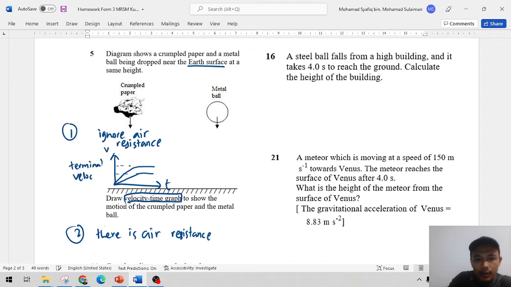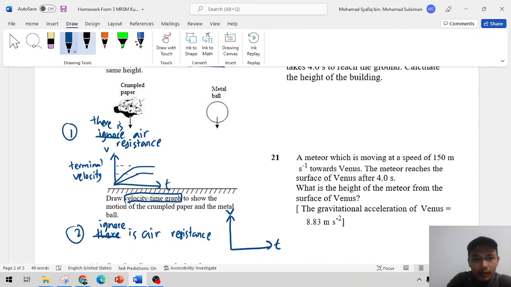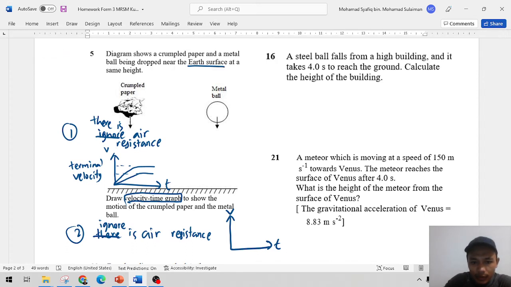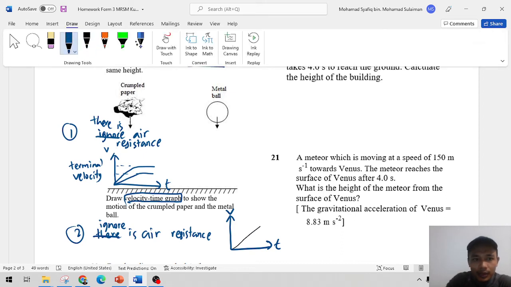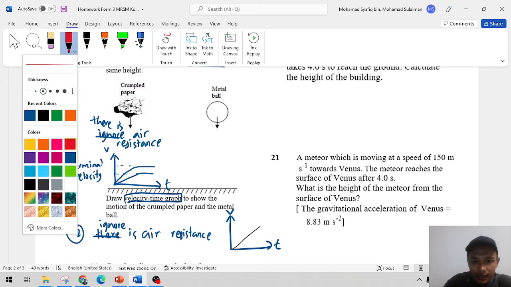If we ignore air resistance, both objects will have the same increase in velocity, meaning they are accelerating at the same rate.